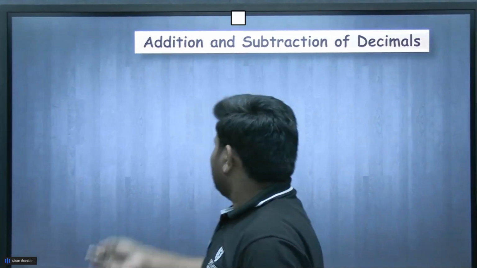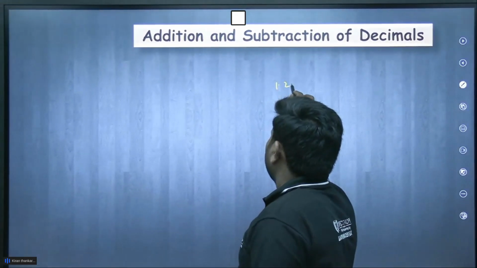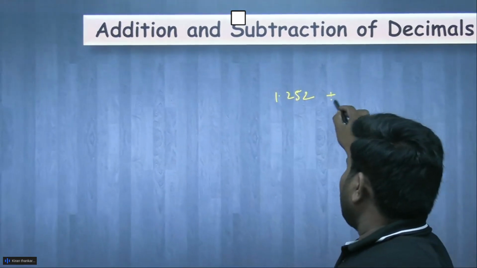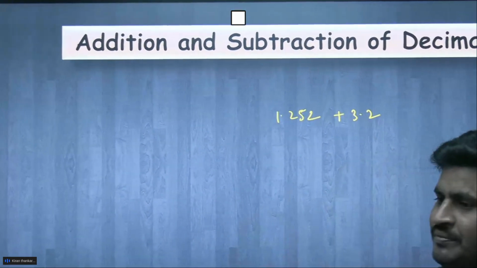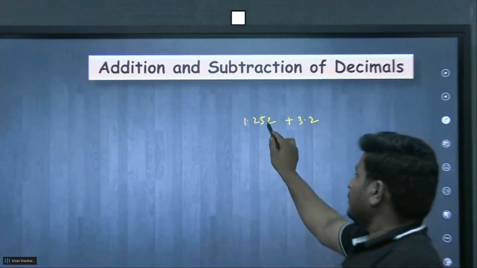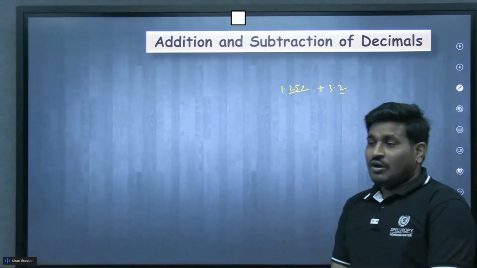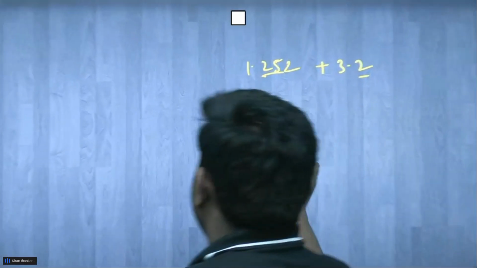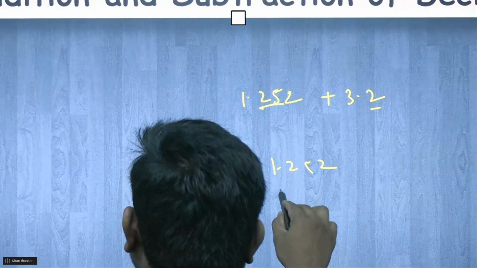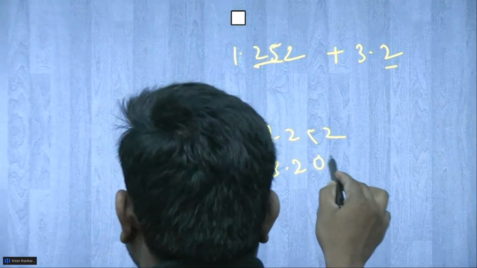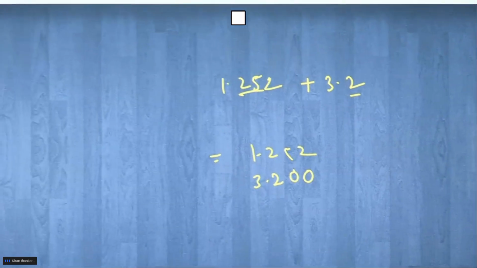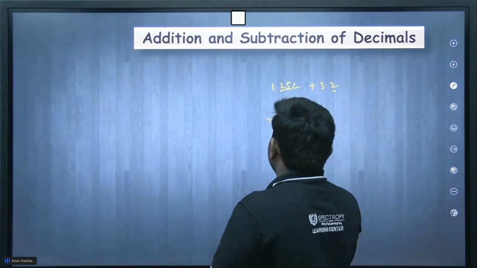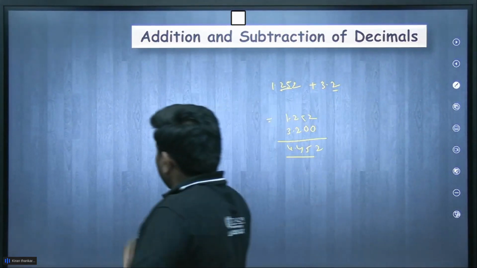Let us take the operation of the decimals: 1.252 plus 3.2. Here there are 3 decimal places and here only 1, so we add zeros after. 1.252 plus 3.200 gives 4.452.